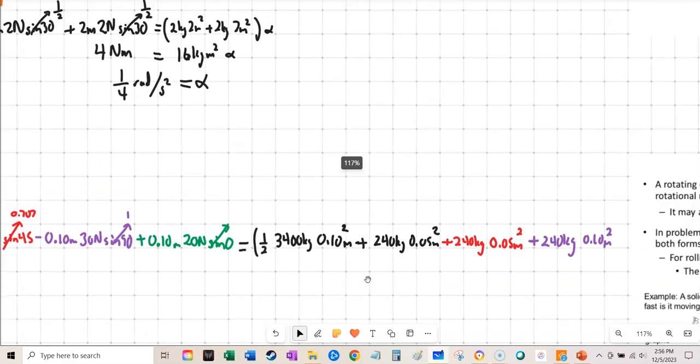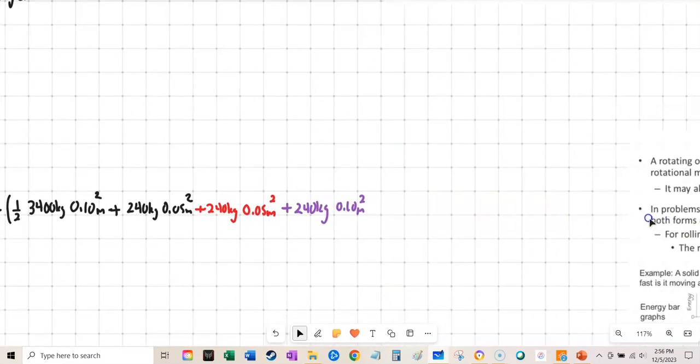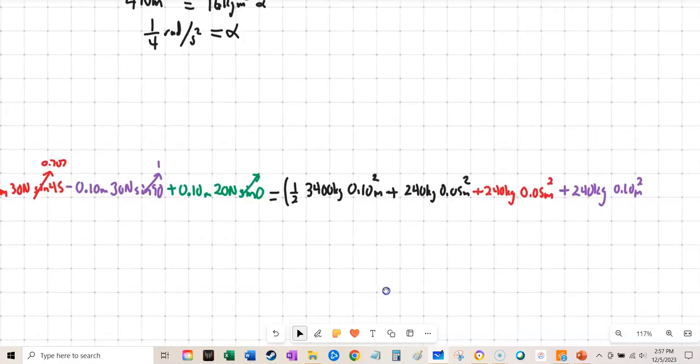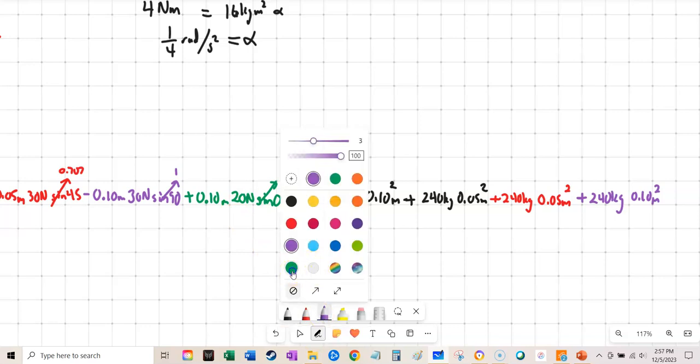Finally, running into another slide from later on, is going to be the green guy. So even though the green satellite is not contributing to the torque, it still contributes to the moment of inertia.